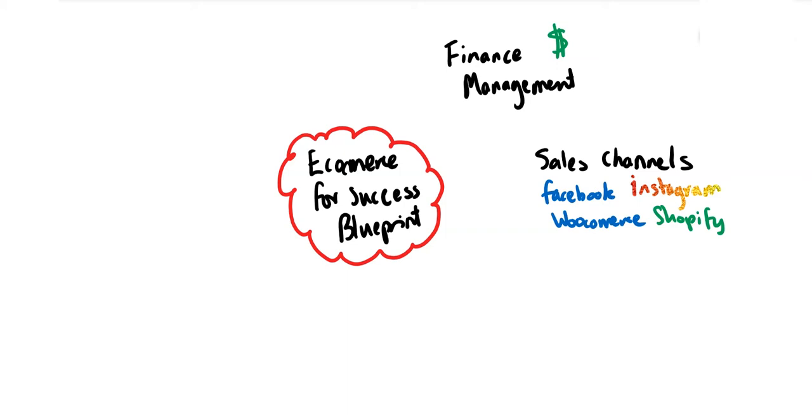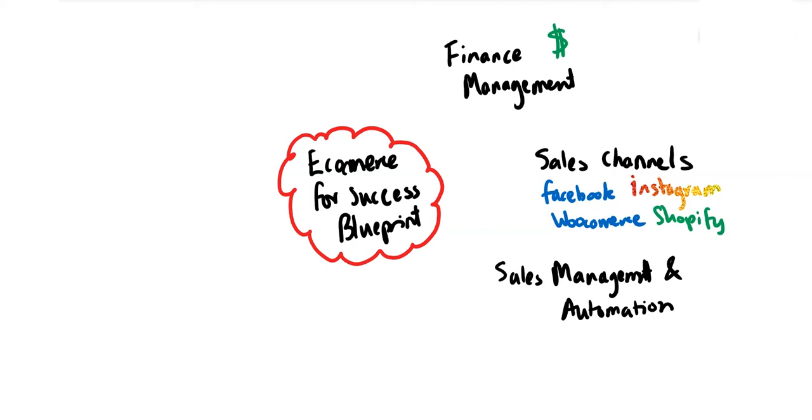Now let's look at what does it mean to then manage it. So what we like to call this is sales management and automation. So the big question here is, how do you manage your stores? How do you manage your sales channels?